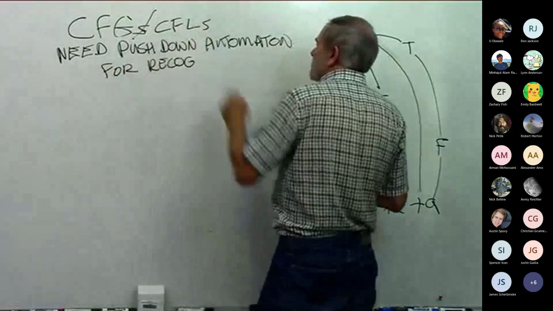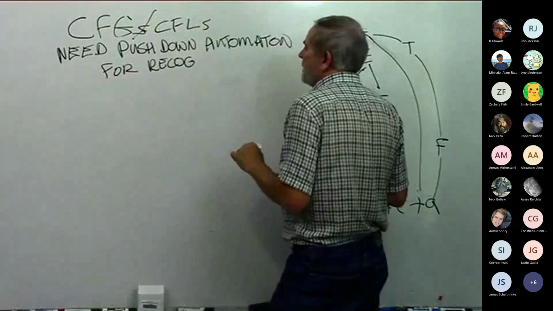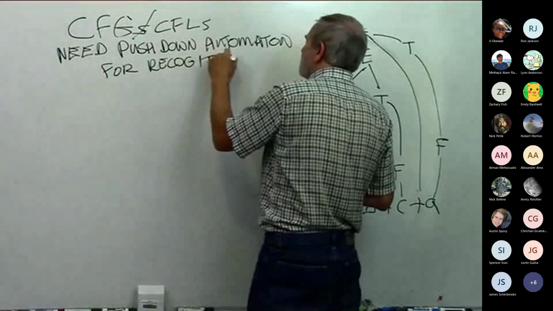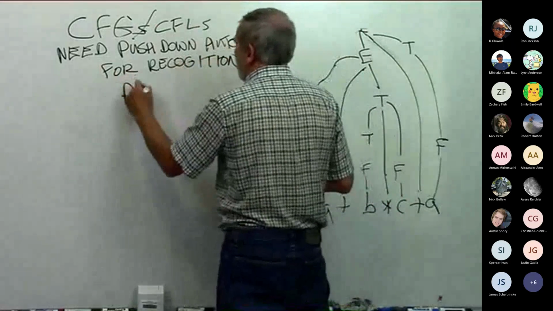Context-free grammars are the representation of context-free languages, and they need a pushdown automaton for recognition, or a PDA.